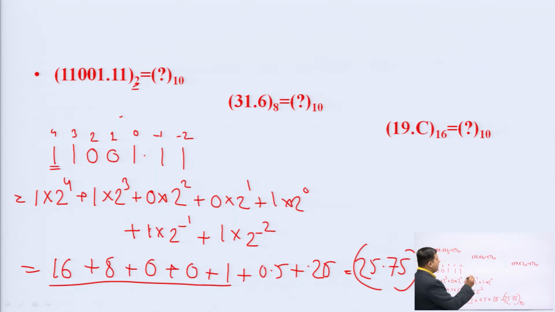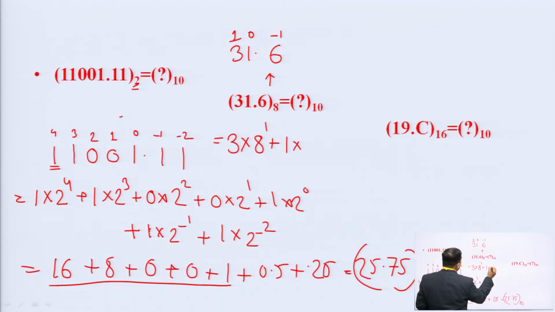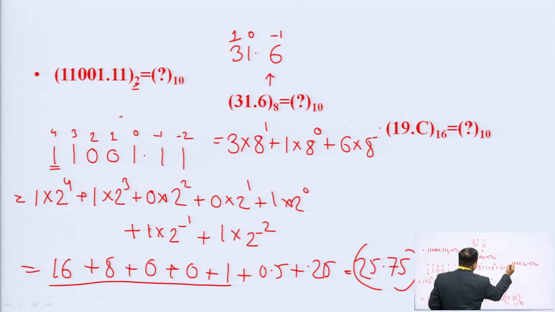Similarly, if I convert 31.6, this is the 0th position, this is the 1st position, and this is the minus 1 position. Now we have to multiply this with 8. So, we will write it like this: 3 into 8 to the power 1 plus 1 into 8 to the power 0 plus 6 into 8 to the power minus 1.